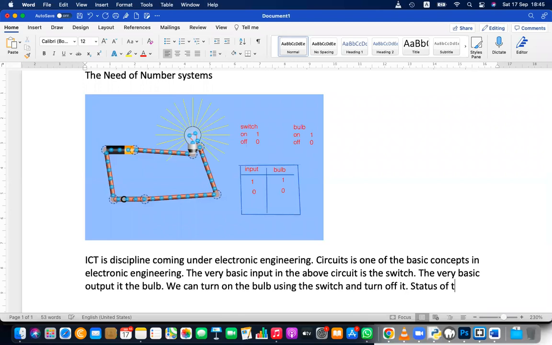Status of the switch can be represented in two simple digits, 1 and 0.